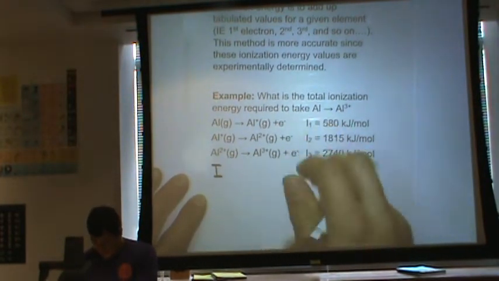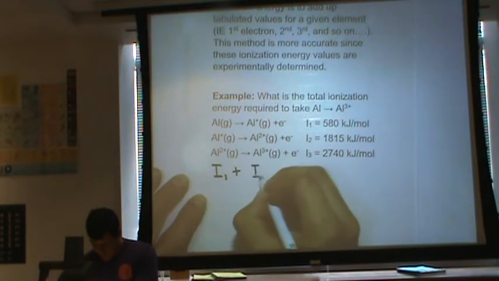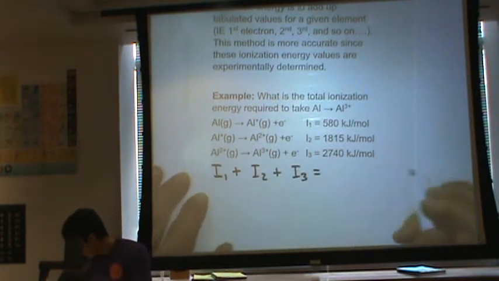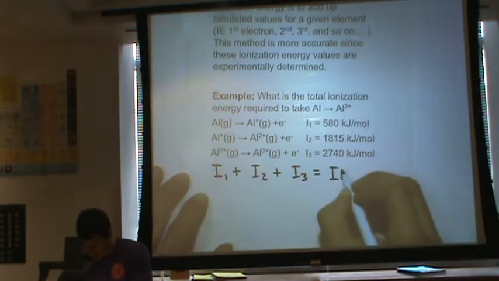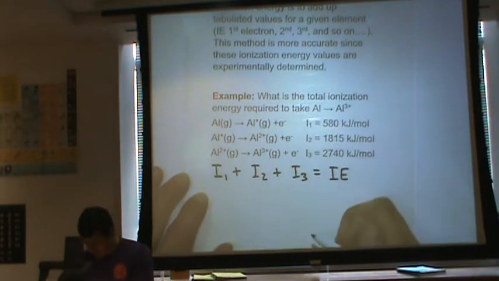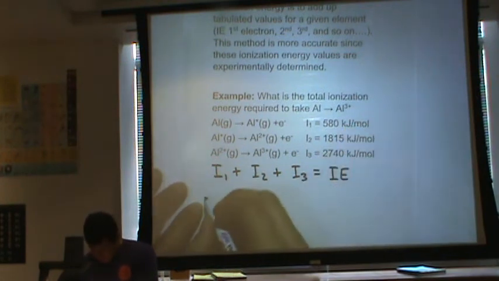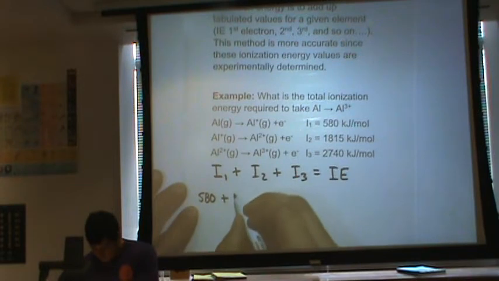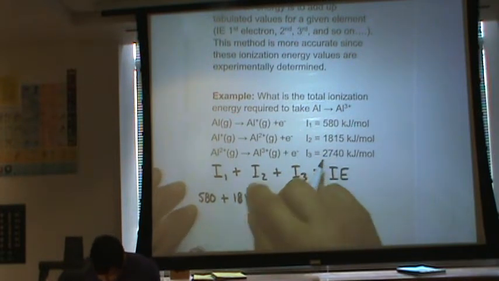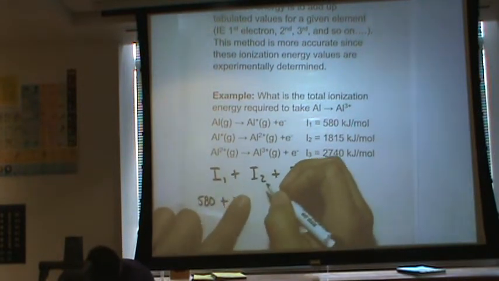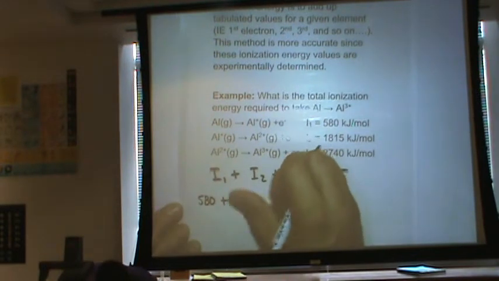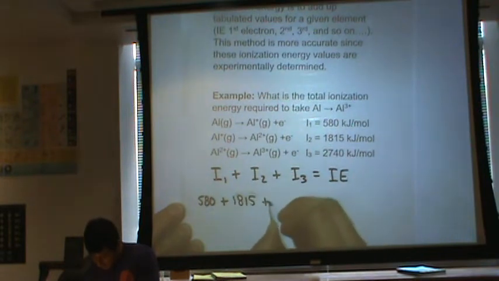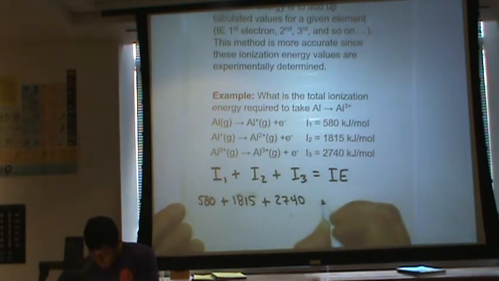So by adding these three values up, I1 plus I2 plus I3, this gives me the total ionization energy to go from aluminum 0 to aluminum 3 plus. So I'm just going to add these values up. 580 plus 1815 plus 2740.